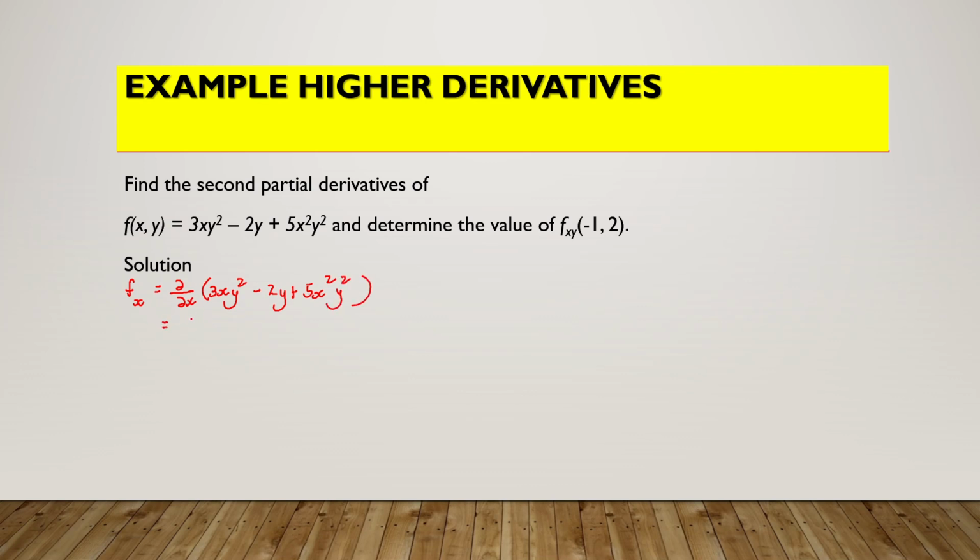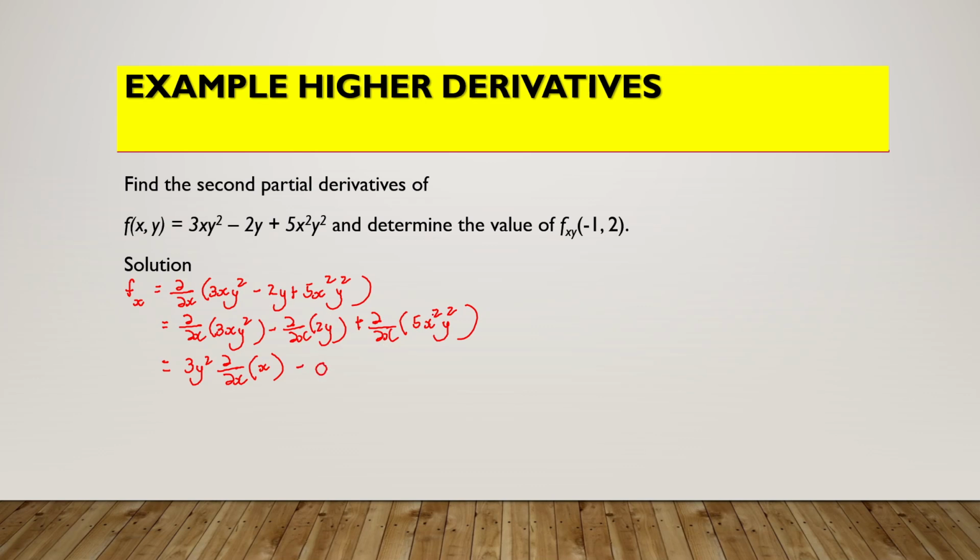You can differentiate each term with respect to x. For 3xy squared, 3y squared is constant, so you factor it out and differentiate x. For 2y, you get 0 because y is constant.